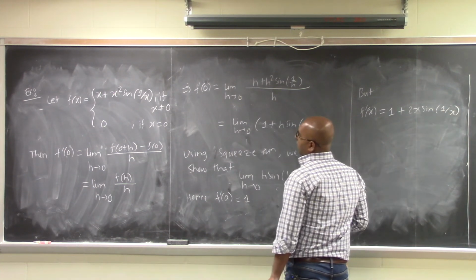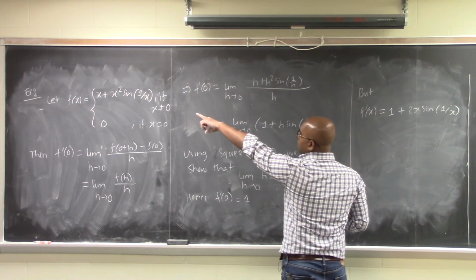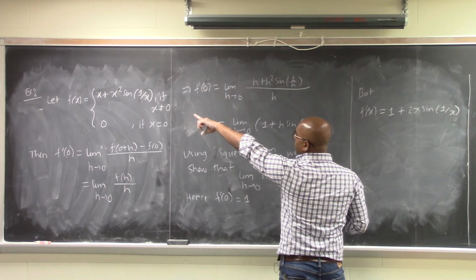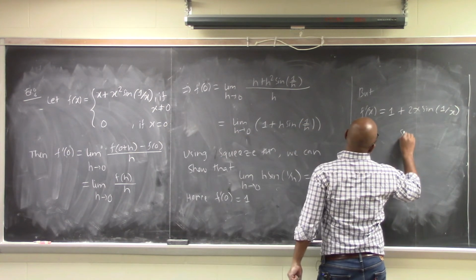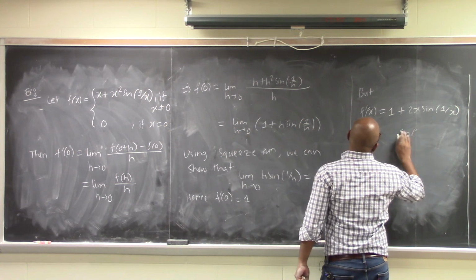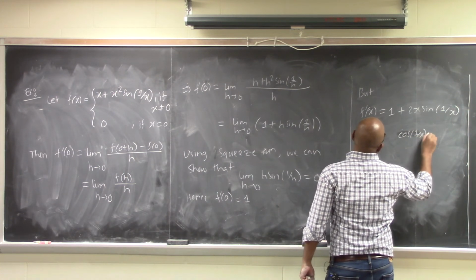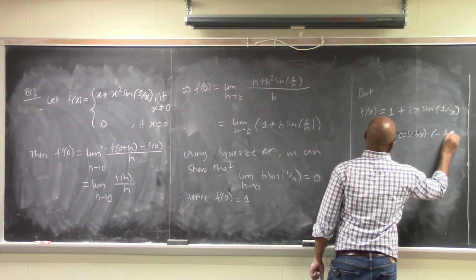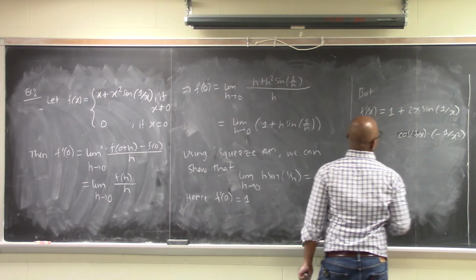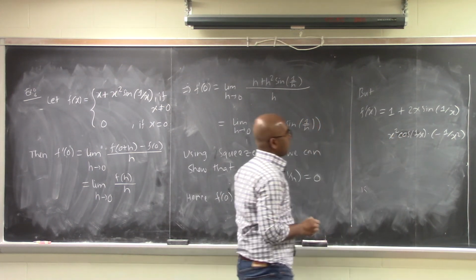And then we have the derivative of sine 1 over x, which is cosine 1 over x, and with the chain rule we get negative 1 over x squared, and you have that x squared.